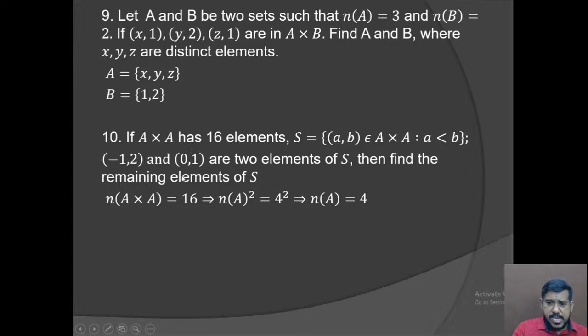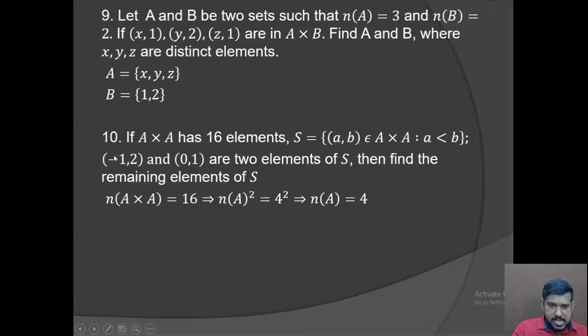Now see here, these 2 elements belong to set S. Set S is framed by taking elements from where? A cross A. So -1 comma 2 and 0 comma 1 are the elements of A cross A also.